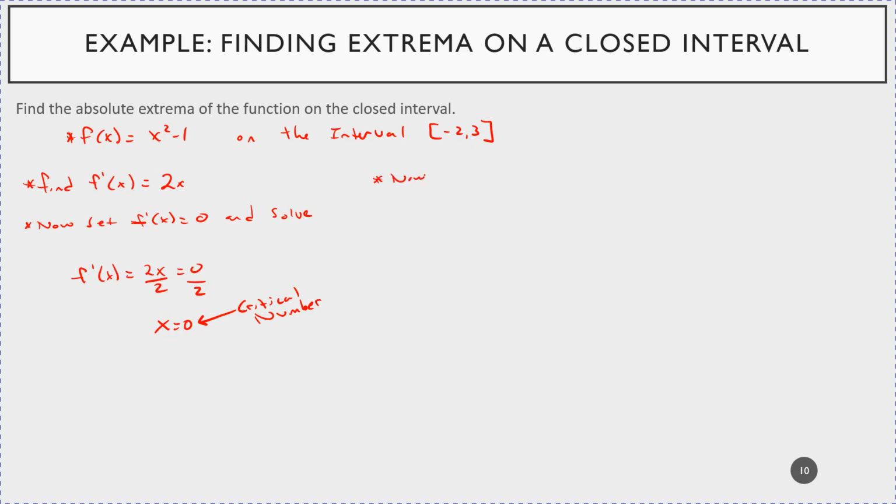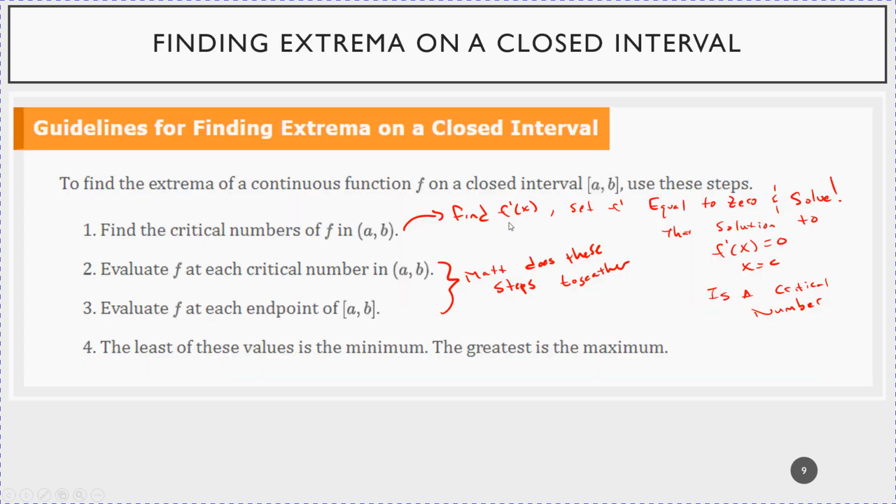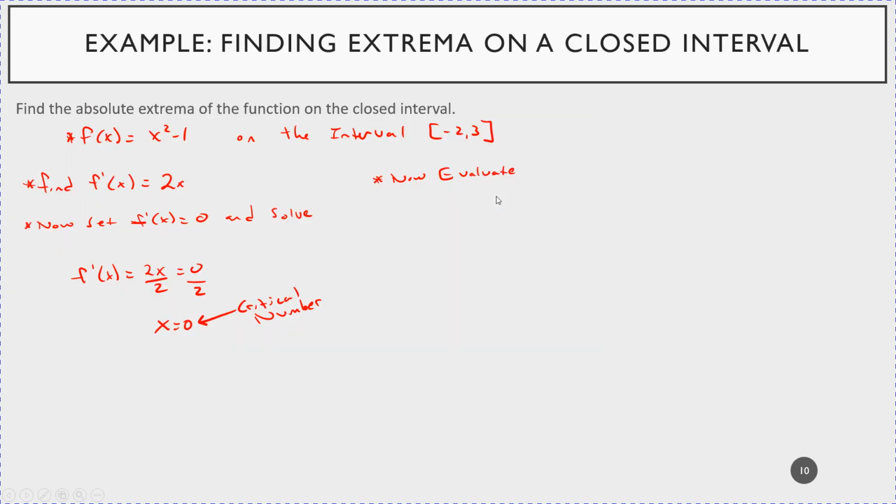So now you're going to evaluate the critical numbers you found and then the endpoints of the interval. So you evaluate f of x at the endpoint -2, the critical value 0, and the other endpoint 3.